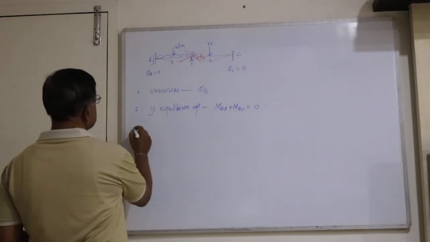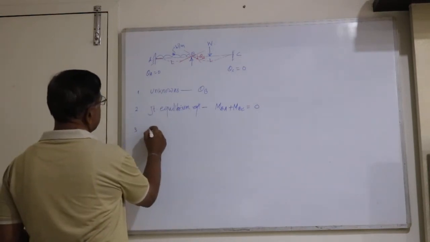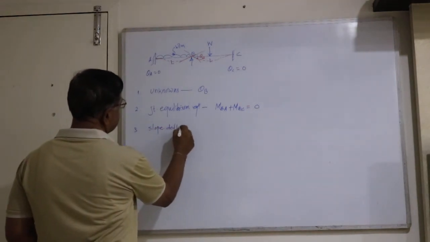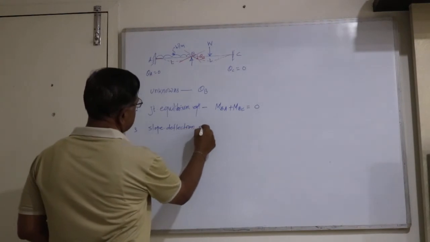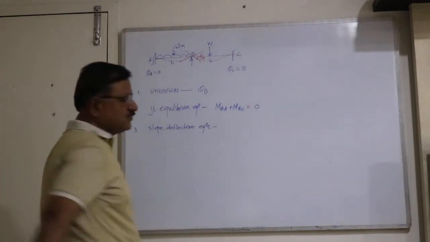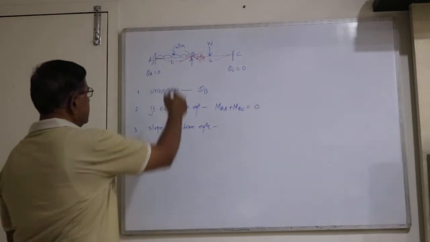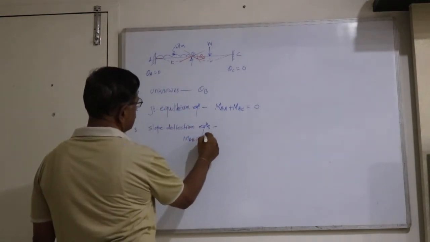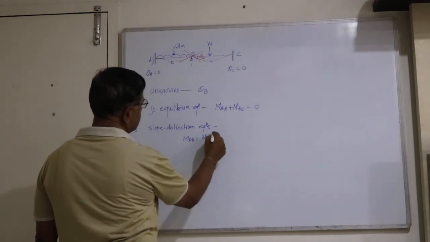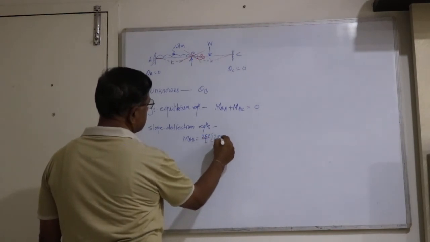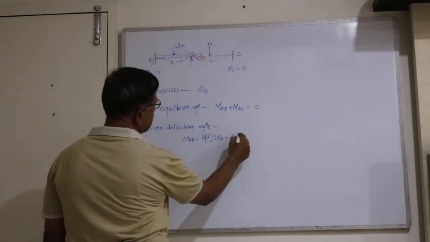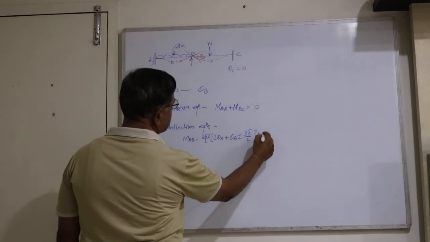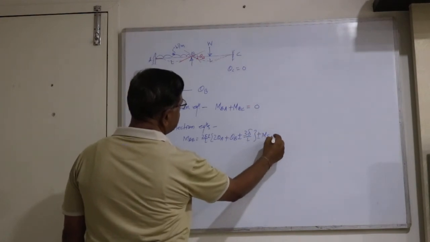Next step is to develop slope deflection equations. Third step: we know MAB equal to 2EI upon L into bracket 2 theta A plus theta B plus minus 3 delta upon L plus minus MF AB.